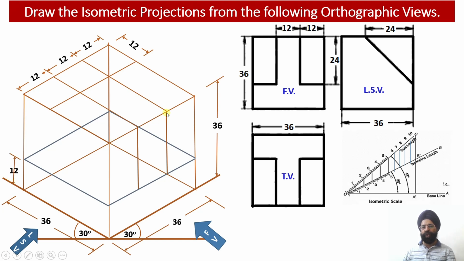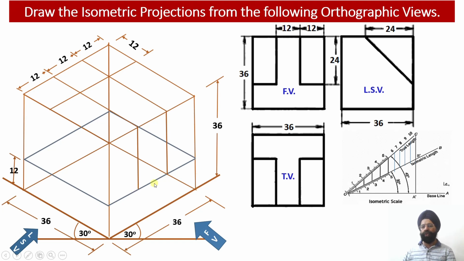As I move from this point and this point towards the top surface of this first web, this distance will automatically be equal to 24, and I can see that this distance happens to be 24 millimeter in the front view. So please check, I have been able to draw this front T face of the vertical web, right? This is the T face of the vertical web which has been obtained in the front view. This is my front view face.